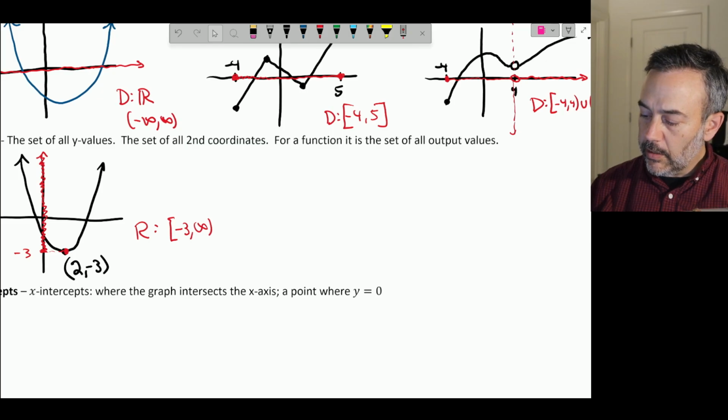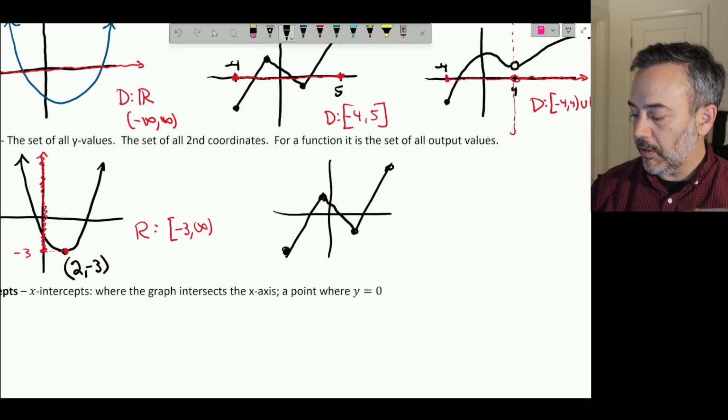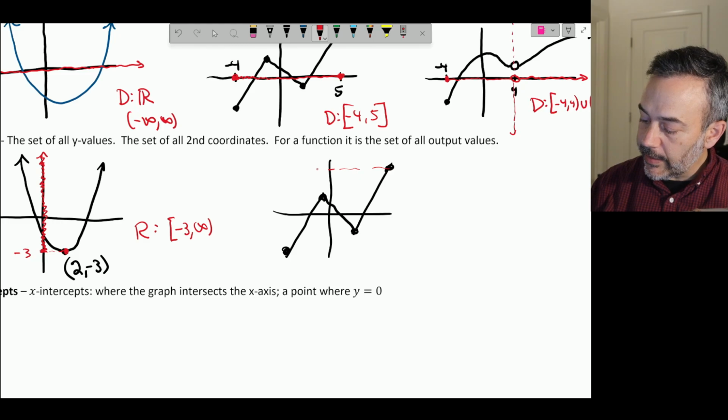Let's see. Just that piecewise example: if I have a piecewise linear function, meaning I've got linear pieces that make up, in this example, 3 parts, and this height is at 5 and this height is at, say, -4, then the lowest point is -4, and it reaches every y value somewhere.